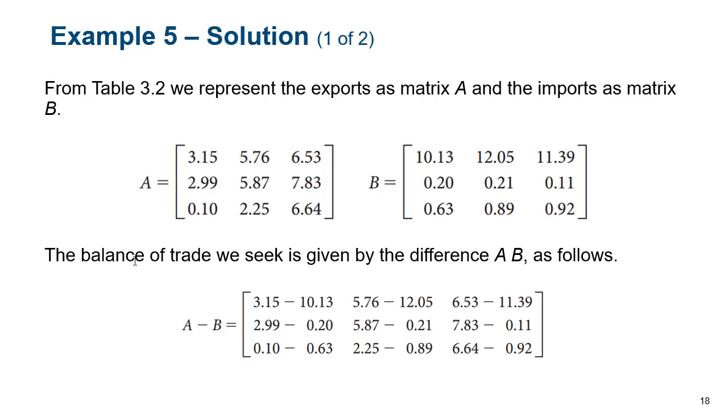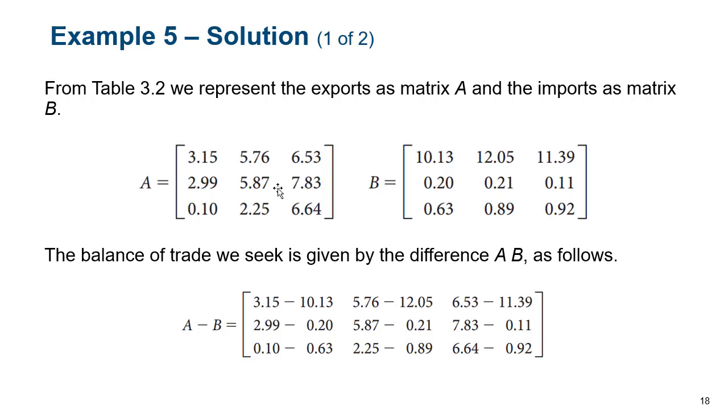Well, now, the balance of trade we seek is basically the difference of A and B, meaning how much we export minus how much we import, or vice versa, import minus export, depending on which direction you're wondering. For this, it's how much do we export minus how much do we import.